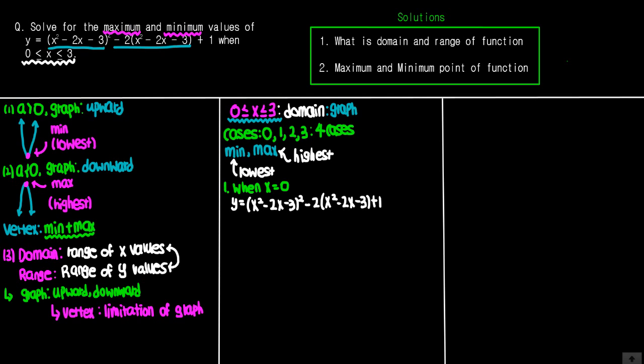If we input 0 to our x values, they'll all turn to 0, and the only thing that will be left is -3 squared.